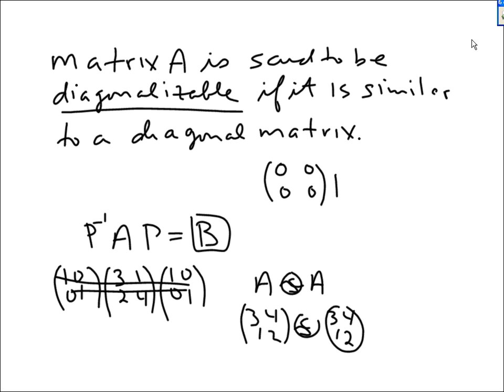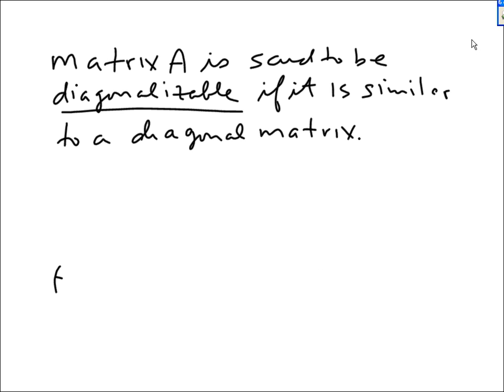No matter what P is and no matter what P inverse is, you're going to get the zero matrix, which is a diagonal matrix. It has the same entries there. So there's a case where no matter what P and P inverse are, there are matrices that you cannot multiply by P and P inverse and get a diagonal matrix.